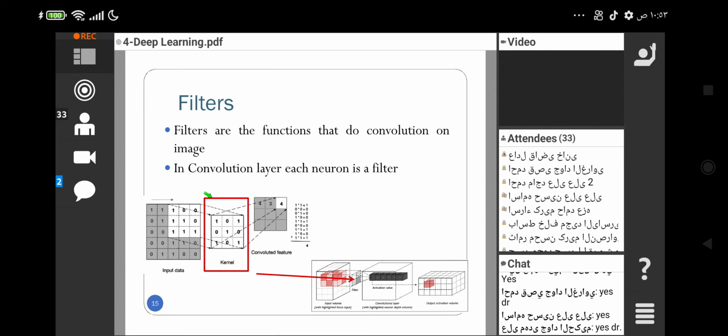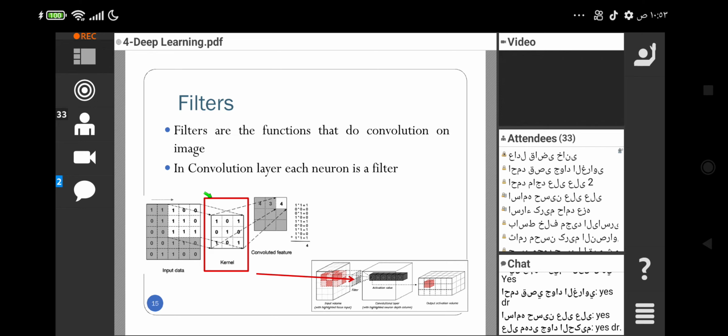Each neuron in the convolution layer is a filter. This is very important. In the convolution layer, we have some neurons. Do you remember that we talked about the perceptron and the multi-layer perceptron?